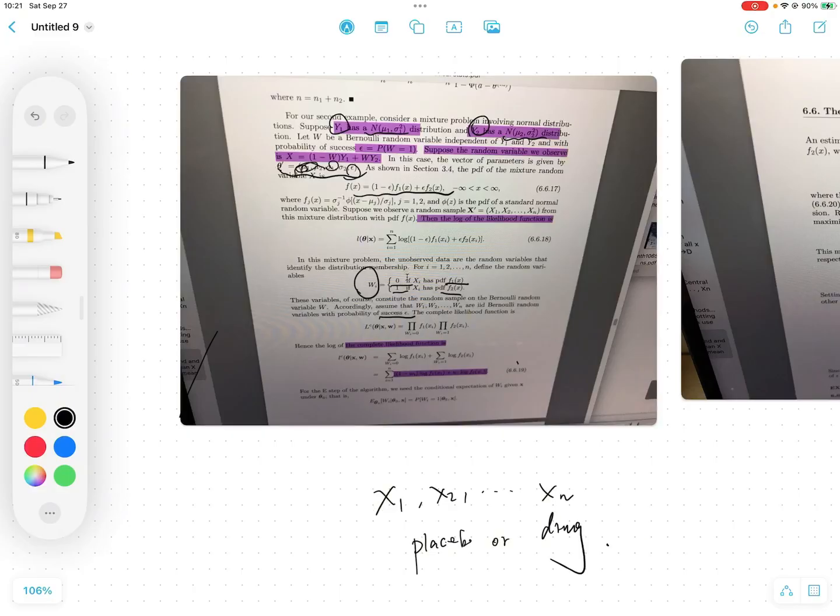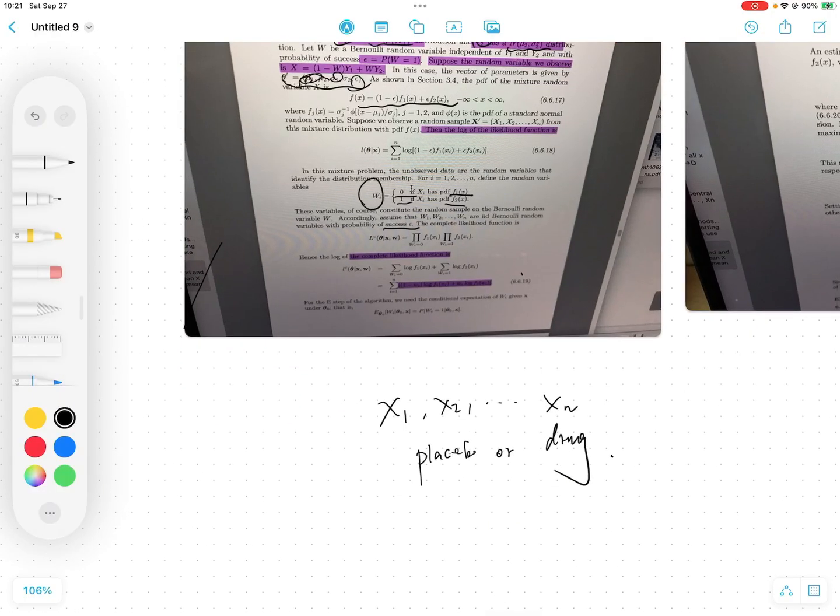We don't know that. It's double blind, right? But we want to know the effect of the drug, so we suppose they follow f1 and f2.